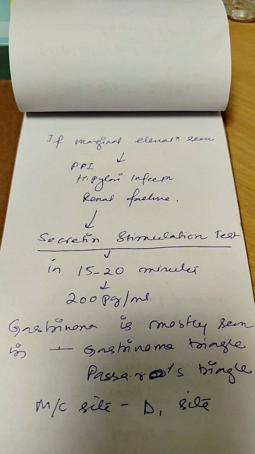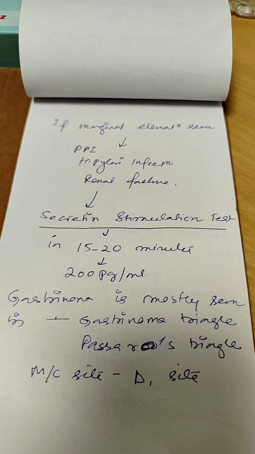If after 15 to 20 minutes the serum gastrin level increases by more than 200 picogram per ml, then it is seen in Zollinger Ellison syndrome.